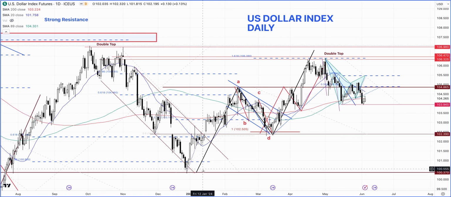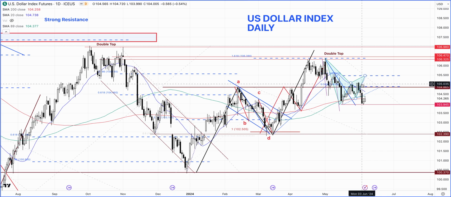So we think that this ABCD pattern formation, which could have seen the dollar move as high as 106.85, failed right into reaching this gap, filling this gap on the 1st of May, looking for a weaker dollar actually. On the flip side, this analysis will be negated if the dollar begins to close above 107, but it'll have to do quite a lot of work for that to take place in order to move that high.